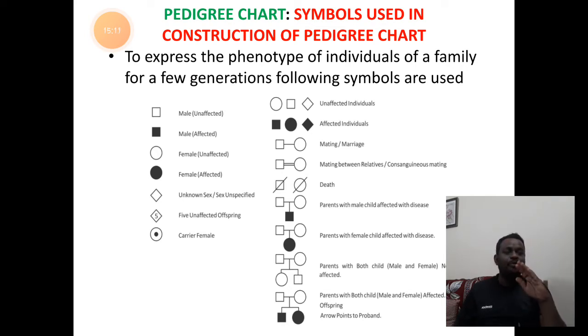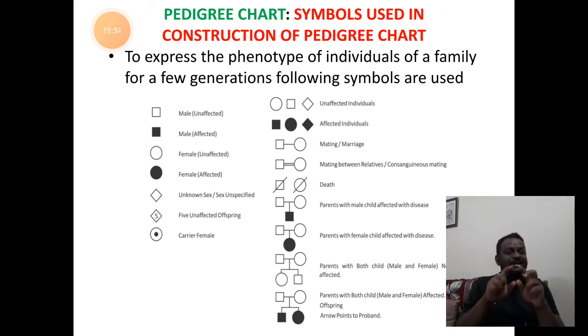Whereas where you have two X chromosomes, with one X chromosome carrying the dominant allele and the other carrying the recessive allele, the recessive allele is the affected allele and the dominant allele is normal.